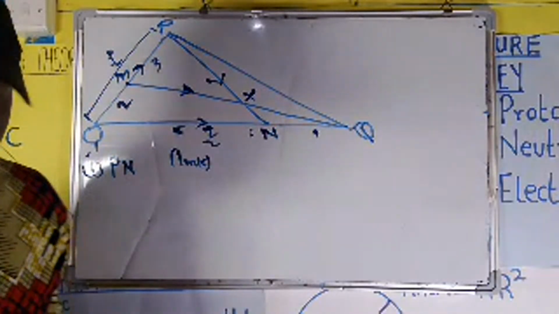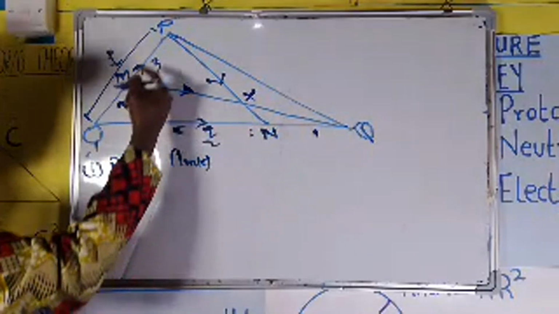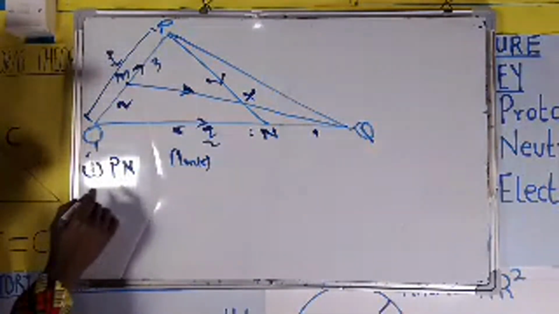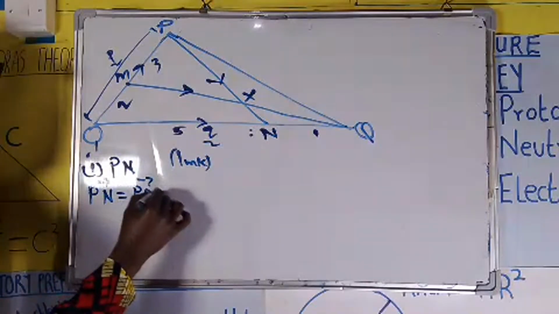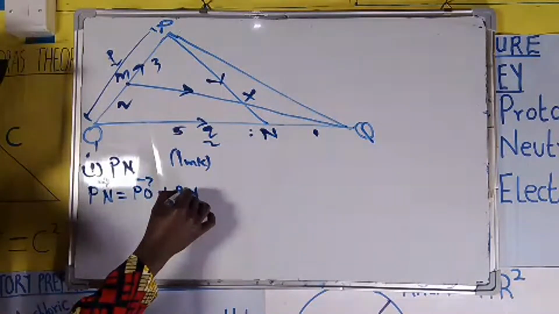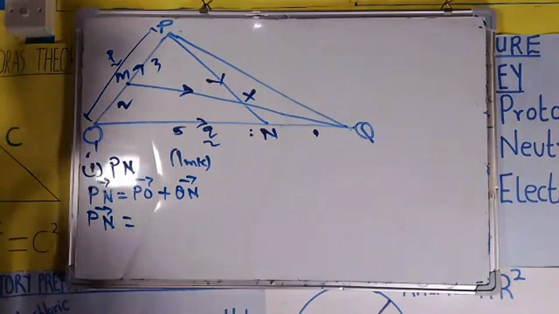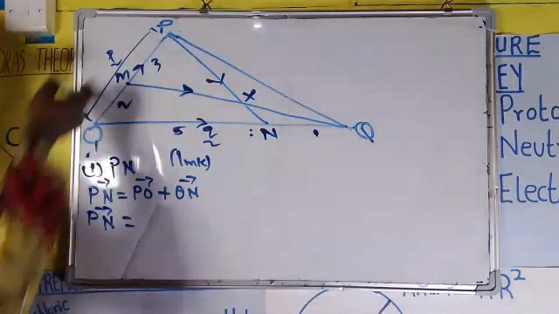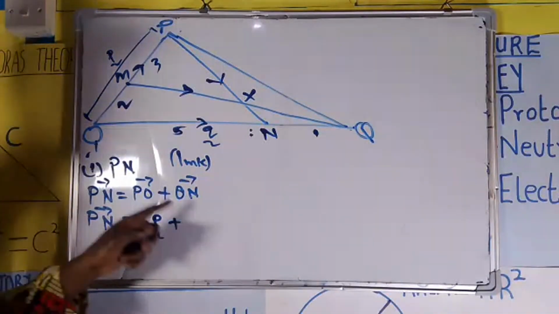So where is PN? PN is from P to N. So we will move from P to O then to N, so PN will be equal to PO plus ON. PO, going this way, is positive P. So coming back it will be negative P plus ON.